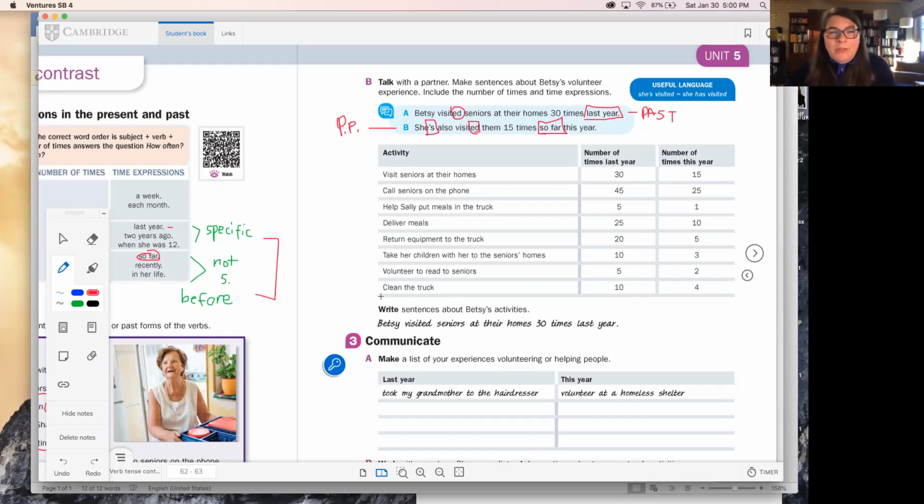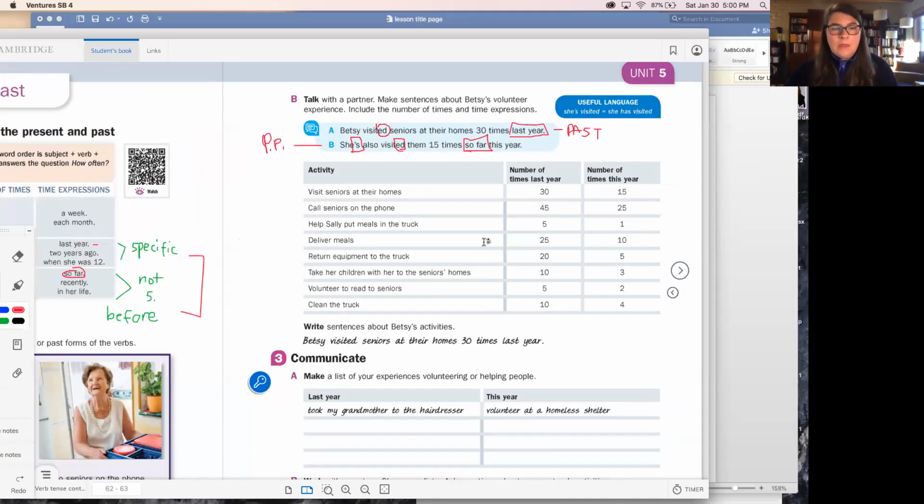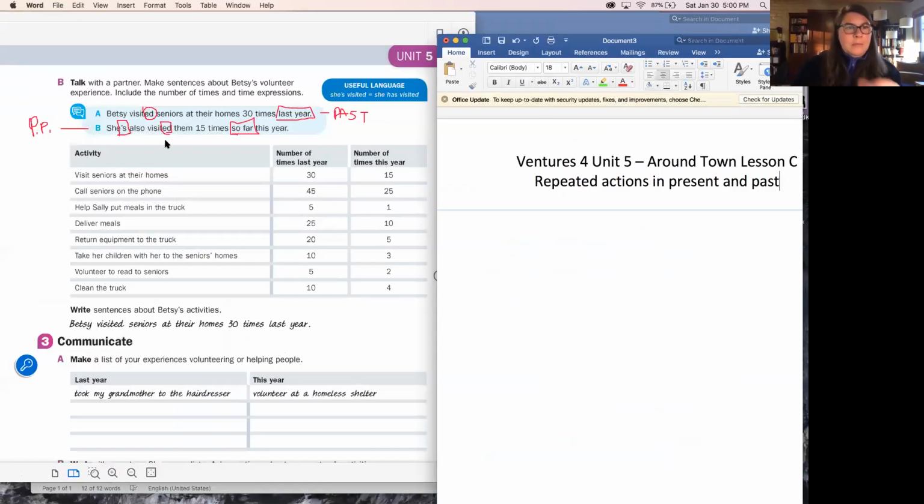So I'm going to have you try this part for homework, and I'm going to get you started, and then I want you to finish them yourself. So here, this is my notebook. Number 1 is done. Okay, so let's do number 2 and number 3, and then you can finish this for homework. So actually this would be number 2, right? Okay, so we've got call seniors on the phone last year. I'm gonna say she, whoops.